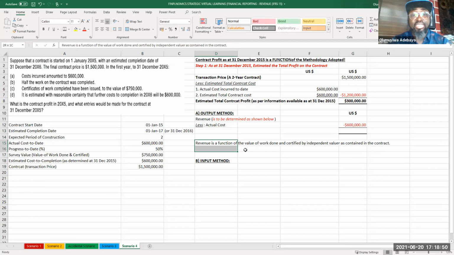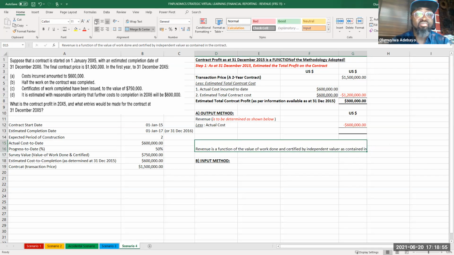And that is an industry of its own. You know, there's an international standard on valuation for contracts of construction and services. That is not our own field. Therefore, we will rely on the work of another expert. IFRS will not tell you how to verify that. They too have their own standards and basis of verification. But as accountants or auditors, you will rely on it to a certain degree.